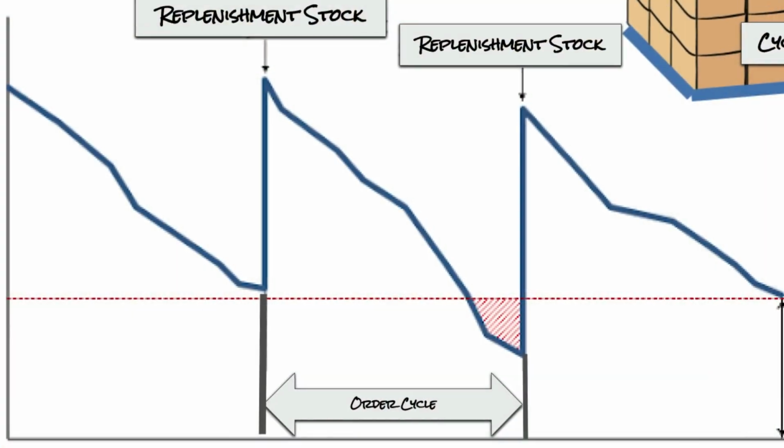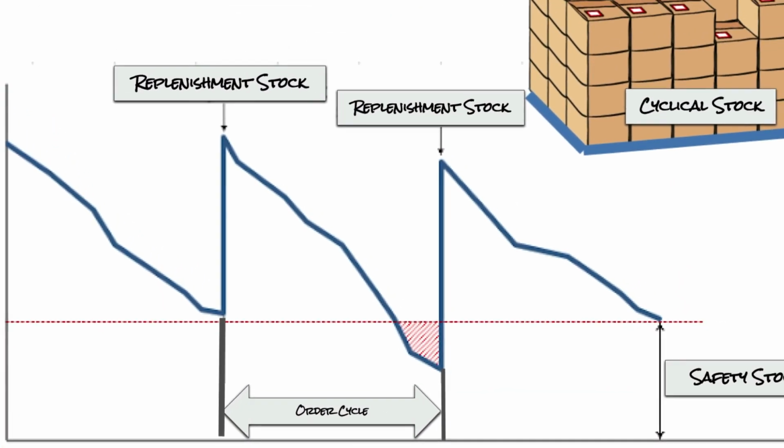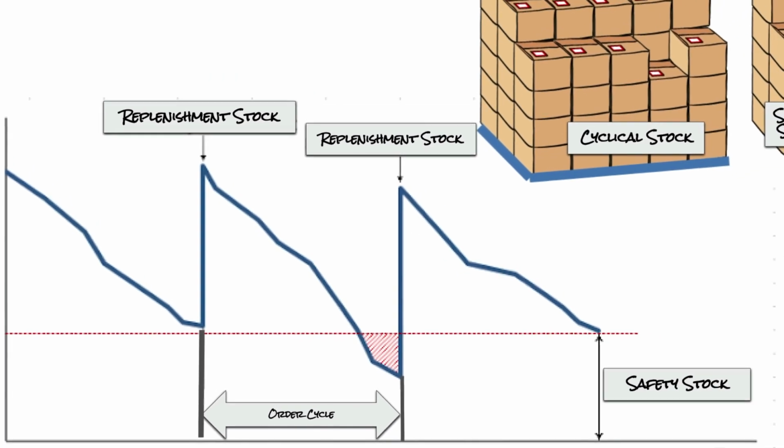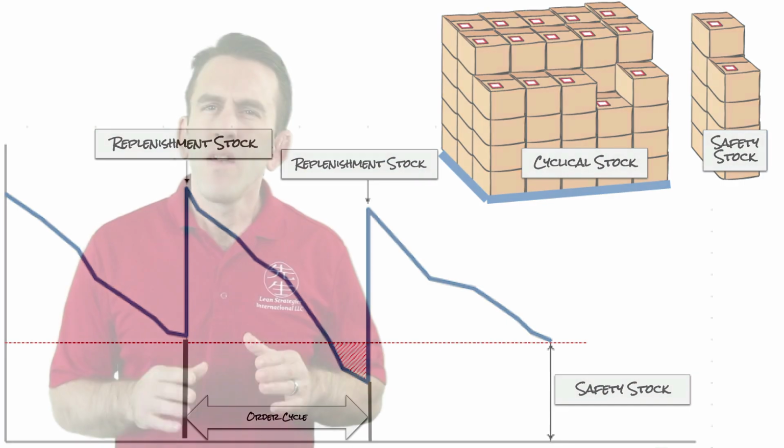As such, the company buffers against a stockout with some extra safety stock. Without safety stock, the company cannot fulfill orders once the regular cycle inventory is gone, and this could create many problems. And that's it. Safety stock.